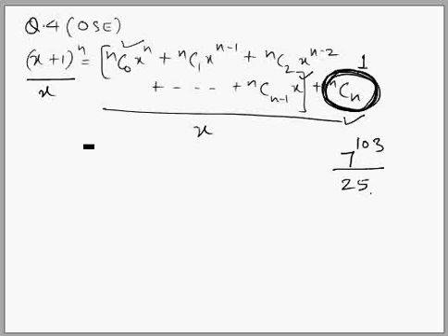So let's see this question, 7 to the power 103. We have to find the remainder when we divide this by 25. From this we get the idea: we have to expand this in terms of x, and the last term should be 1.